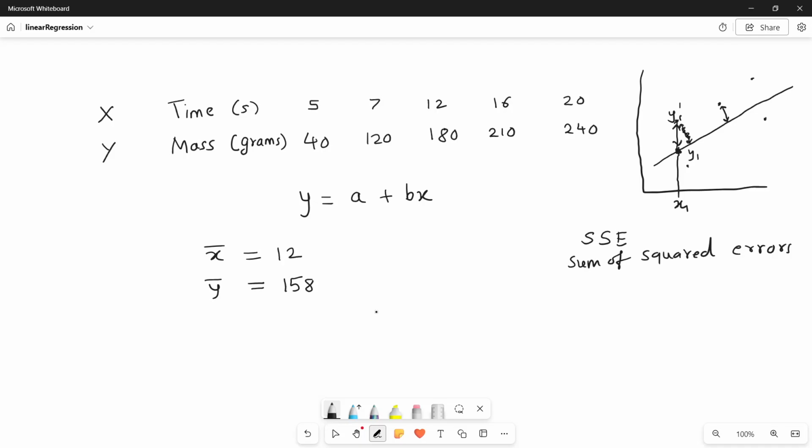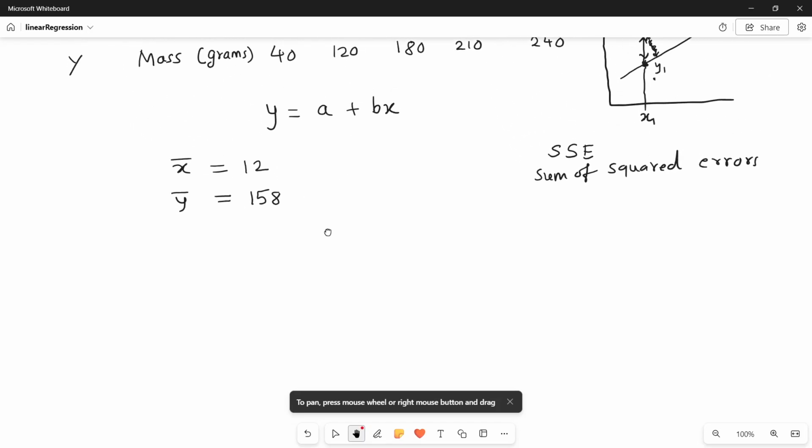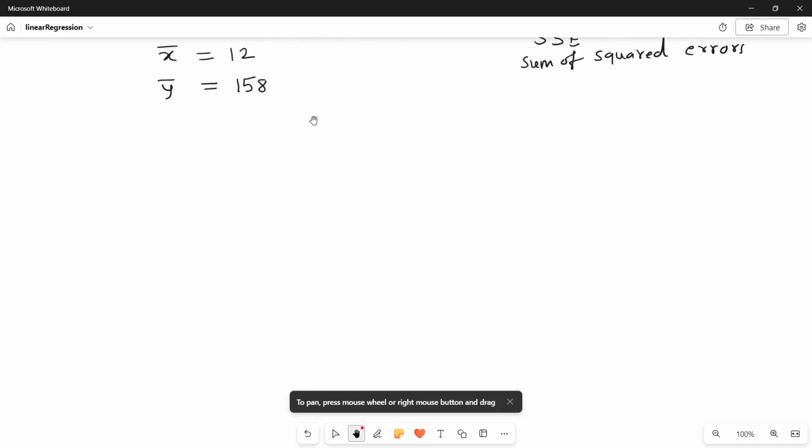We are not going into the derivation of it, but what I am claiming is that when we calculate the coefficients a and b in this way, we are sure that the sum of the squared errors will be minimized. So scroll up. These are the x bar and y bar values, and now we'll form a table.